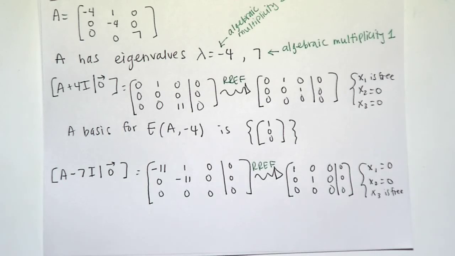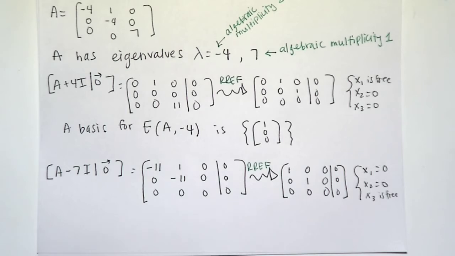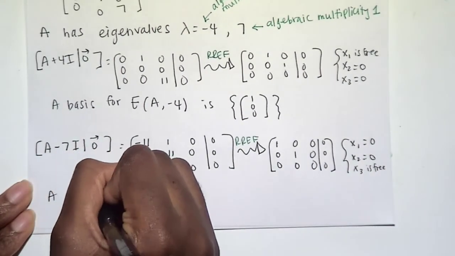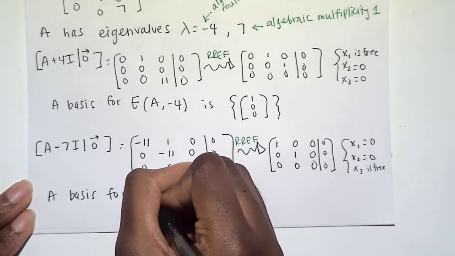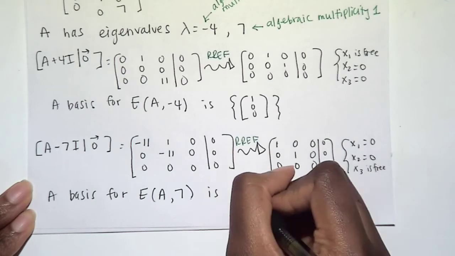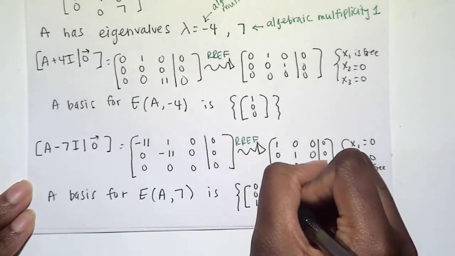So we can let x3 be anything we want. We're not going to choose 0 because we don't want our eigenvector to be 0, 0, 0. So I'm just going to choose 1. So a basis for our eigenspace A7 is 0, 0, 1.